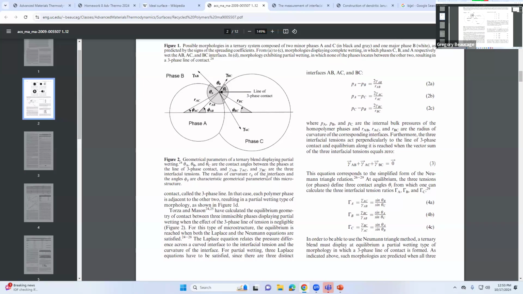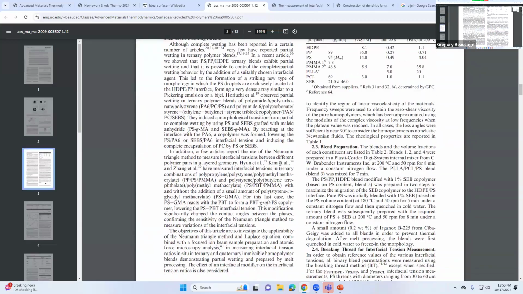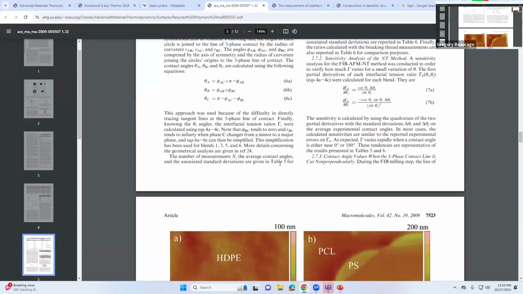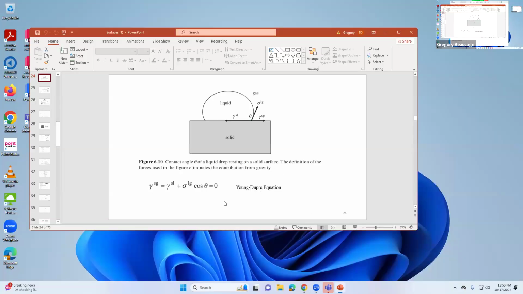Say not 4, not 2. It's not 1. I guess it's down below here. So once you have the phi's from that construction, then you can get the contact angle, and the cosine of that angle gives you the surface tension. So you can basically get the surface tension from that.